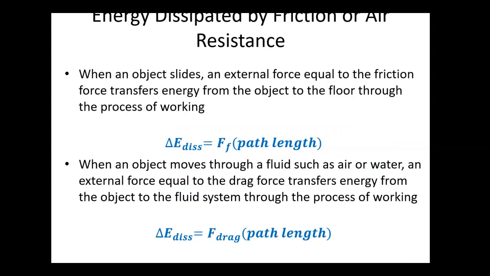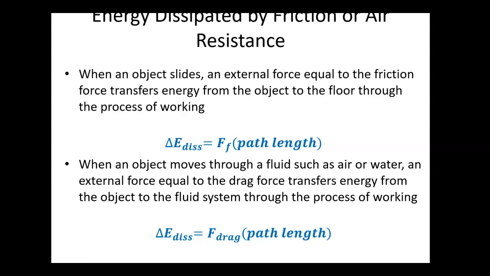So the amount of energy that is dissipated depends on how long the object slides against another object, in other words, the path length. And you could calculate that dissipated energy by taking the force of friction and multiplying it by the path length. Now, we've been talking about friction, not air resistance, and they are very different phenomena.